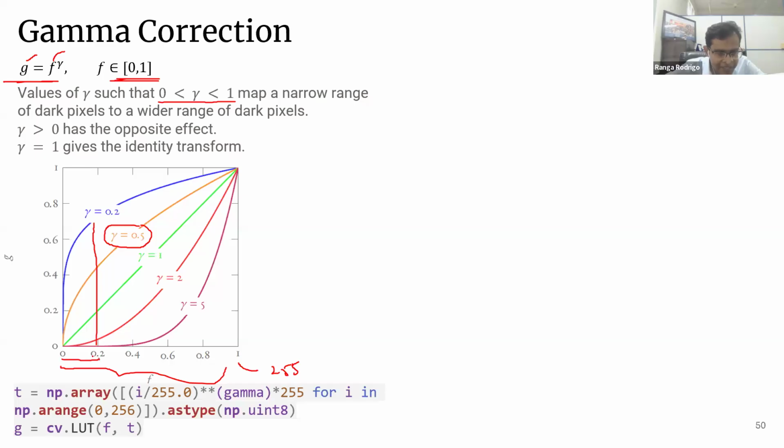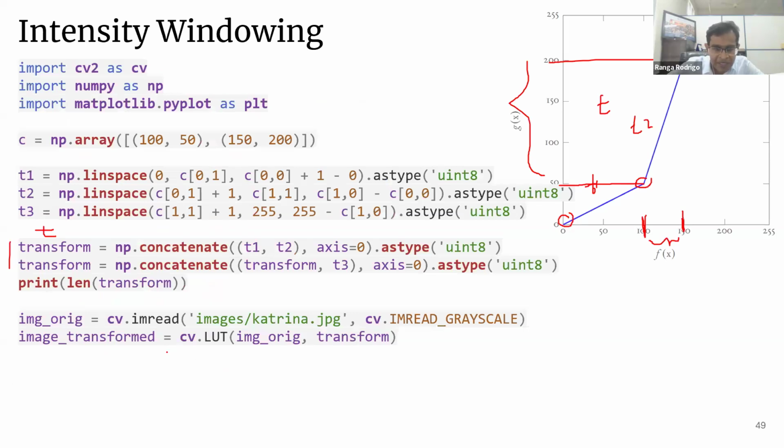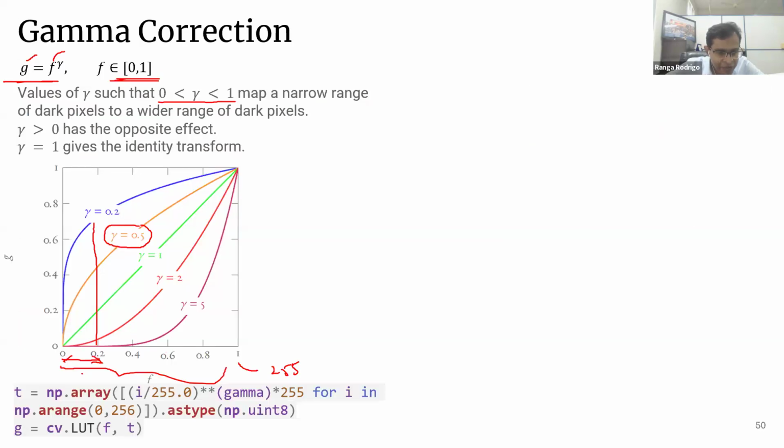Now you'll agree that this range corresponds to dark pixels. These are 0, 1, 2, 3, up until maybe 50 or so. A narrow range of dark pixels has been mapped to a wide range of dark pixels.